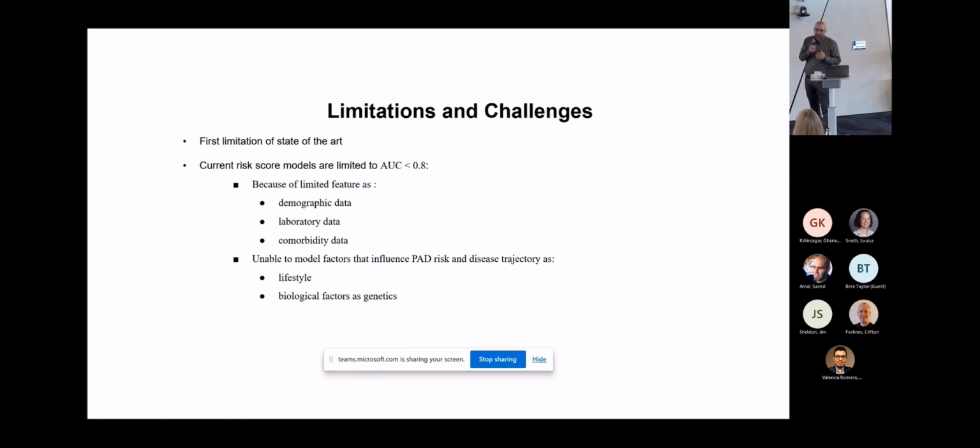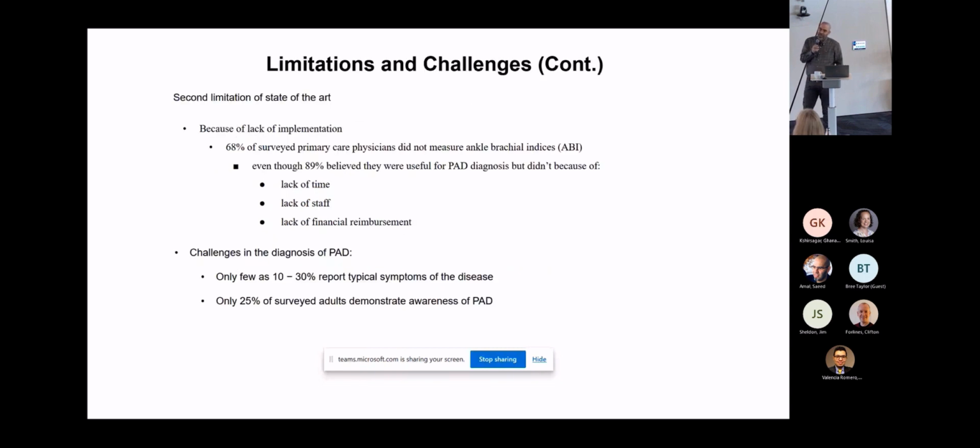Another limitation of the diagnosis of peripheral artery disease is the lack of implementation, where 68% of surveyed primary care physicians didn't perform measures that they know are important for the diagnosis process, for example ankle brachial indices, although 89% of them knew that it's one of the predictive features.